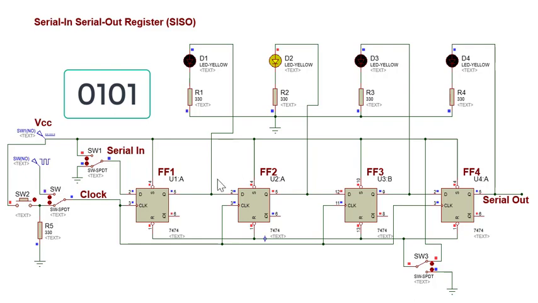For the next data input of 1, we set SW1 to up position, then press and release SW2 once. If you will notice, all the output states of the flip-flops are shifted to the right one at a time as SW2 is activated. For the last input of 0, place SW1 to down position and apply clock signal by pressing SW2. Notice the conditions of the 4 LEDs.